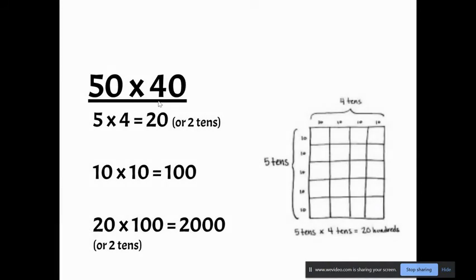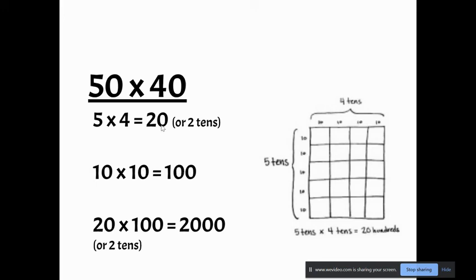So I can represent 50 times 40 a couple of different ways. I would think in my head 5 times 4 is equal to 20, which is the same as 2 tens. Then I would think about the other part of 50, that's 5 times 10. The other part of 40 is 4 times 10. So I would take the 10 times 10, and that's equal to 100.